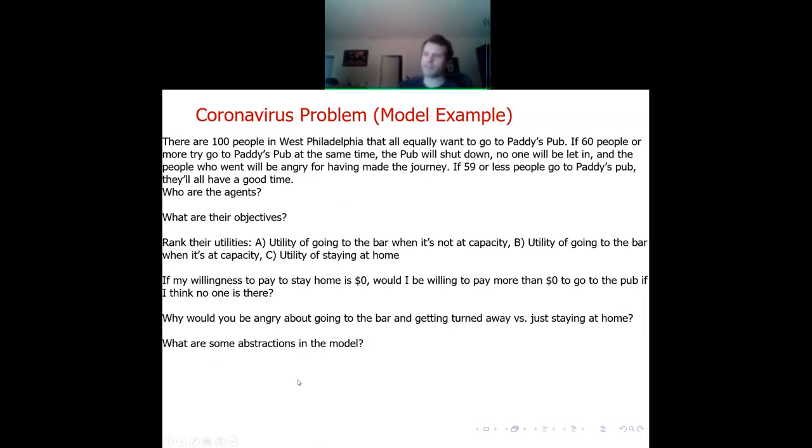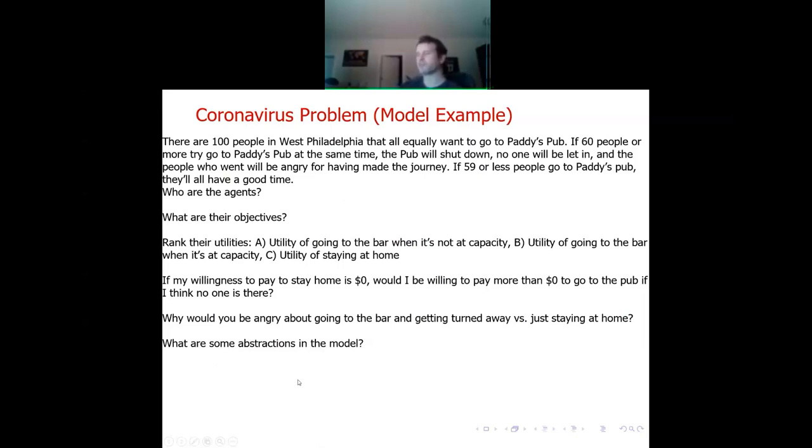If I'm willing to pay $0 to stay at home, would I be willing to pay more than $0 to go to the pub if I think no one is there? Yes. If I'm more willing to go to the bar when it's not at capacity than to stay at home, then my willingness to pay to go to the bar should be higher than my willingness to pay to stay at home, given that I know I'm not going to be turned away.